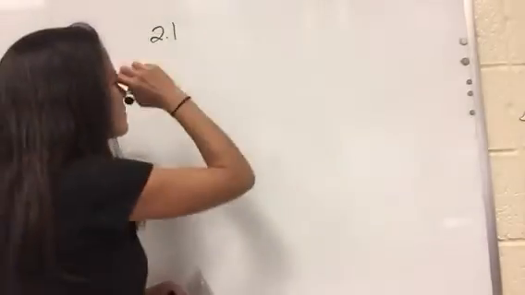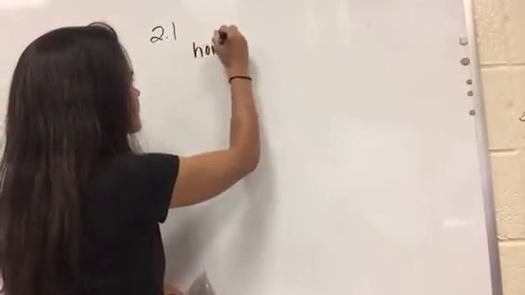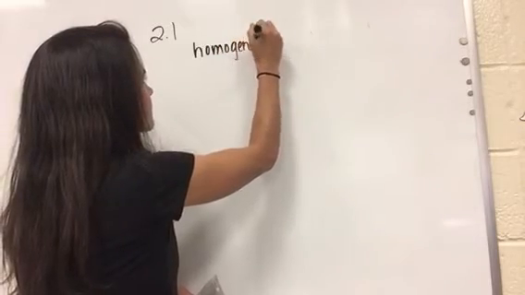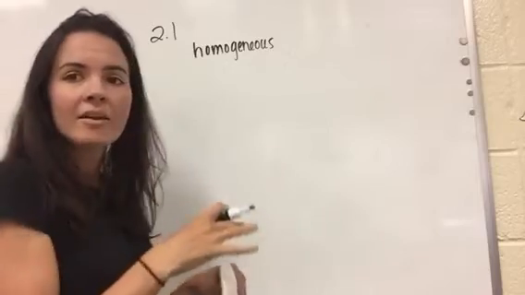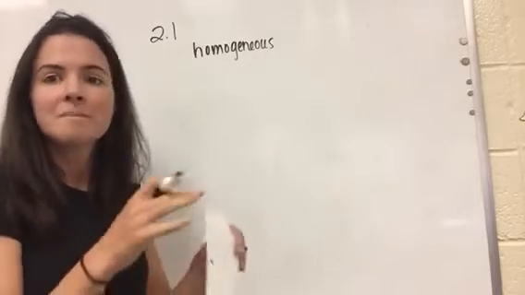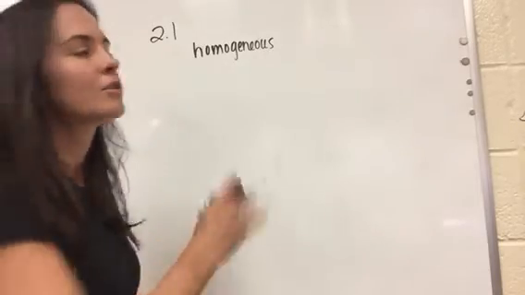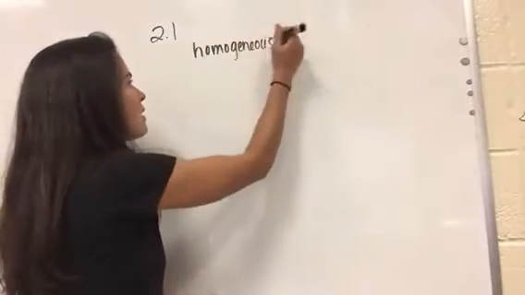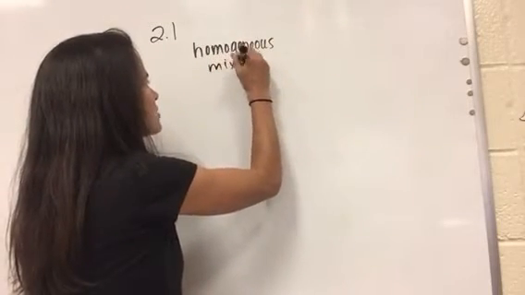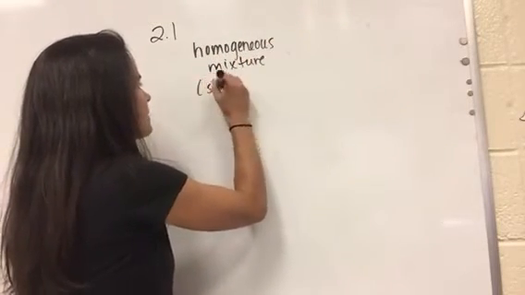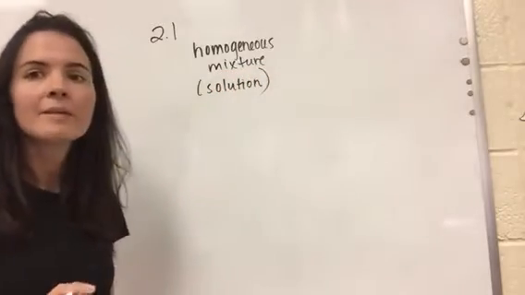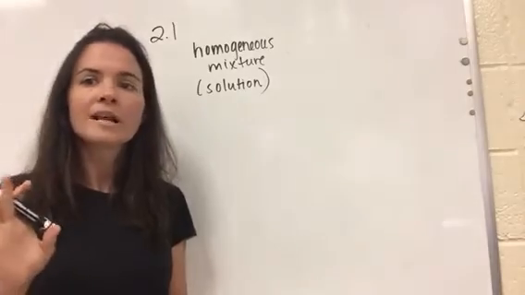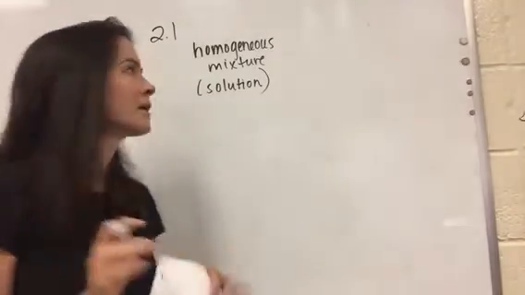So remember, homogeneous mixtures are two or more things that are mixed together. They are not chemically bonded, they are only mixed together, and they are smooth throughout. Another word for a homogeneous mixture is sometimes a solution. They're evenly mixed together, so you can no longer tell the difference between the different parts.